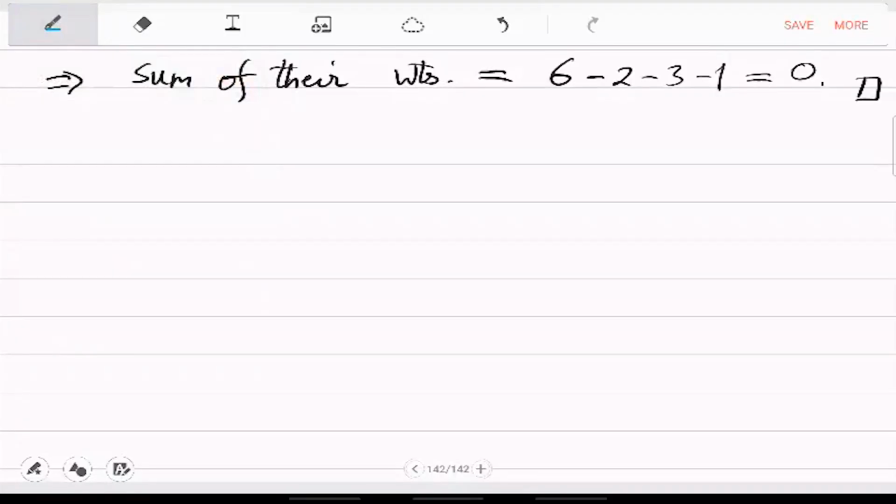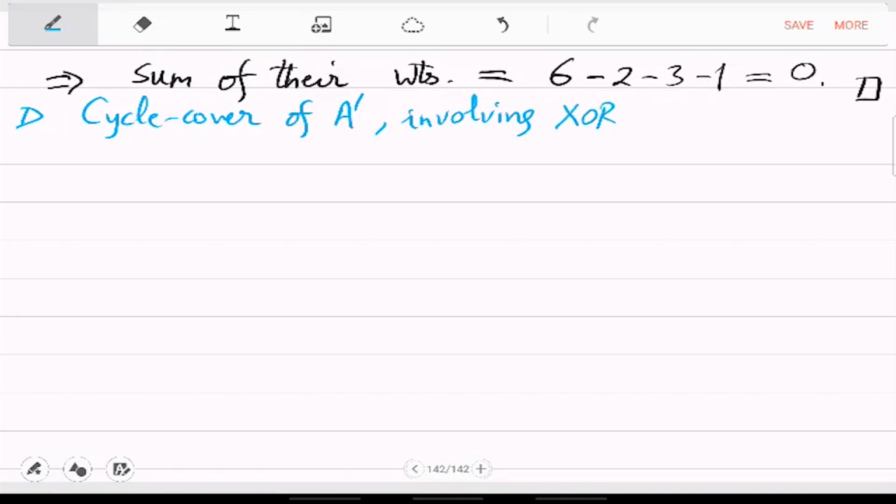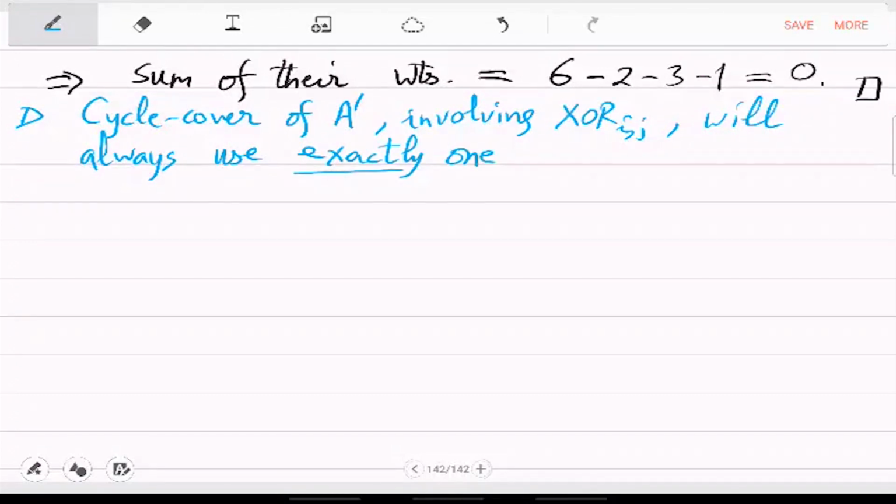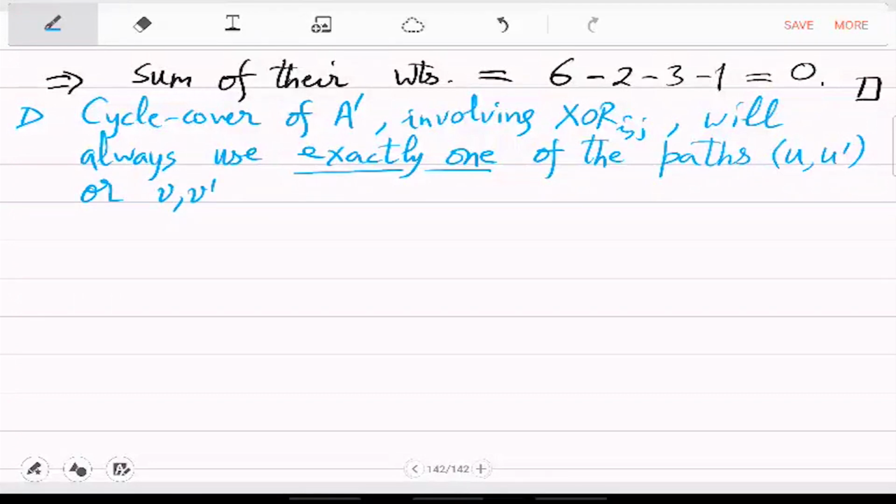So let's remember that. A cycle cover of A prime involving XOR ij will necessarily use exactly one of the paths, UU prime or VV prime.